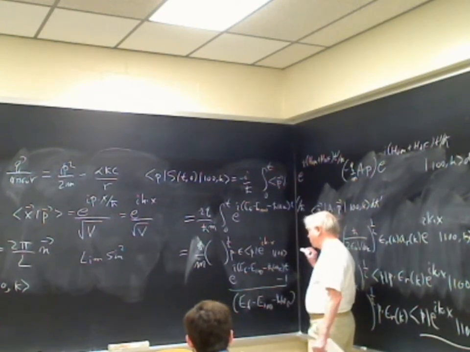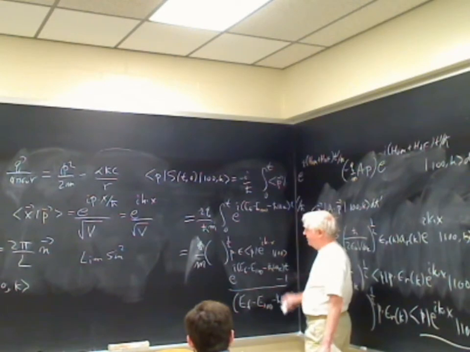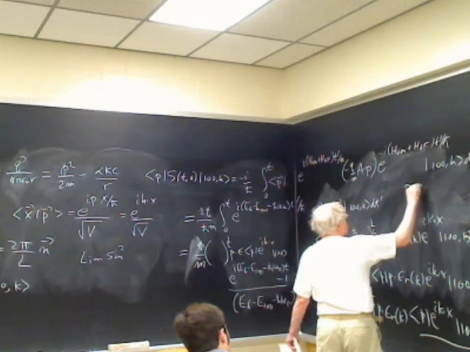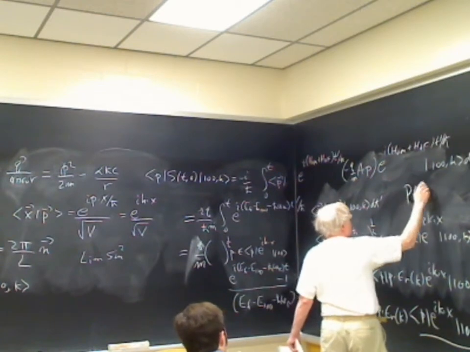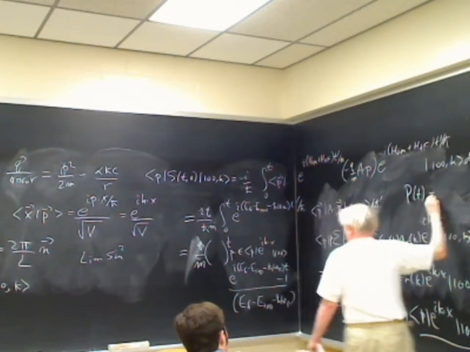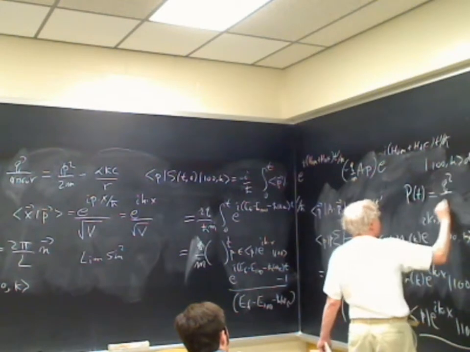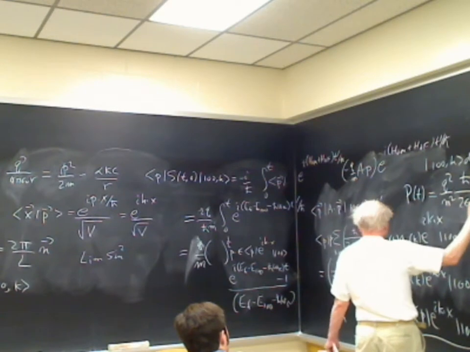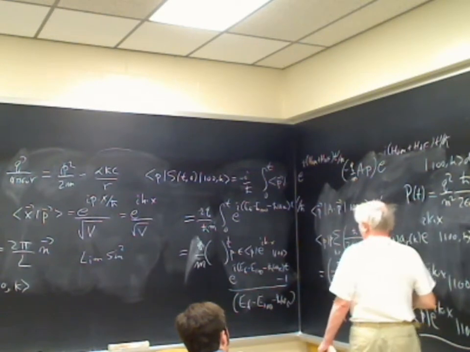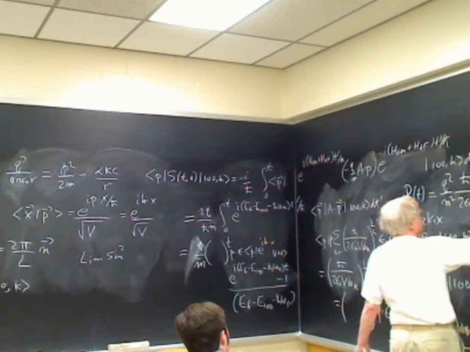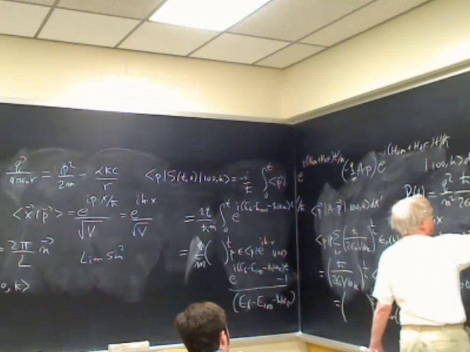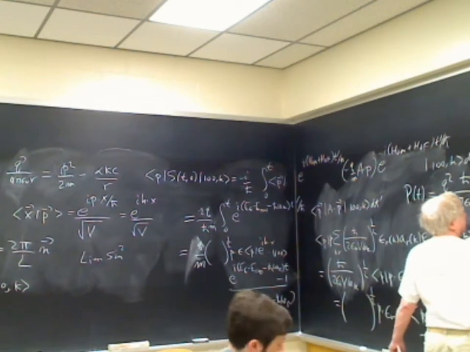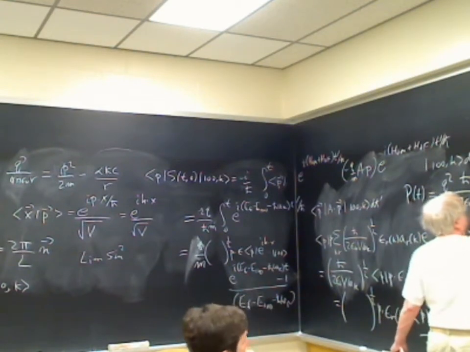When we square this thing to get the probability, P of t is q squared over m squared, ħ over 2 epsilon 0 V ω_k, times |p·ε| squared times the matrix element |⟨p|e^{ik·x}|100⟩| squared.